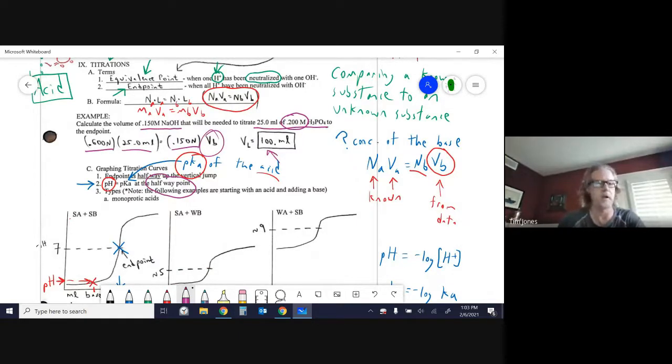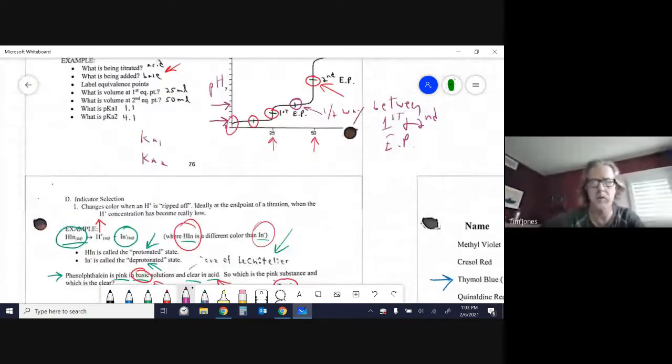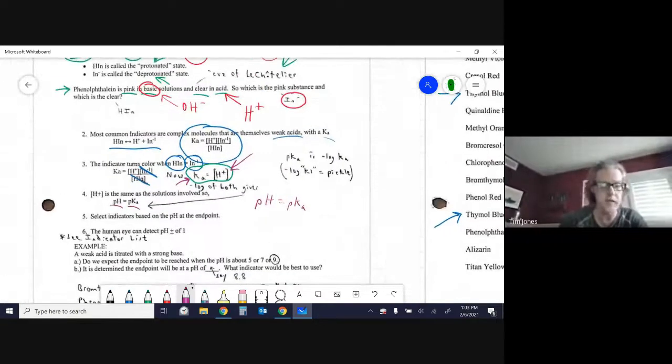That was regarding the pKa of the acid that's being titrated. Down here, I'm not talking about the Ka of the acid that's being titrated. I'm talking about the Ka of the indicator, which is a different thing.